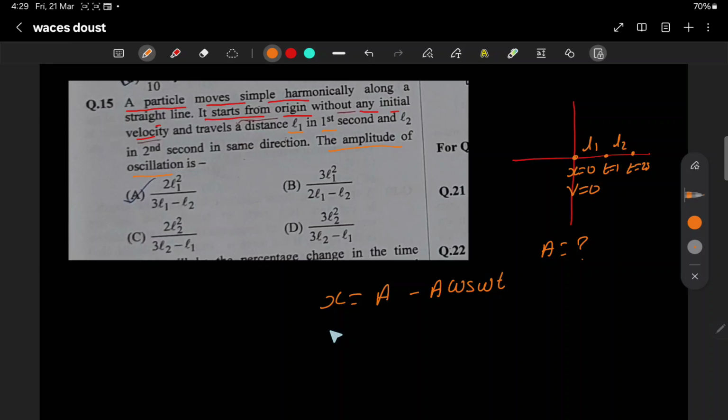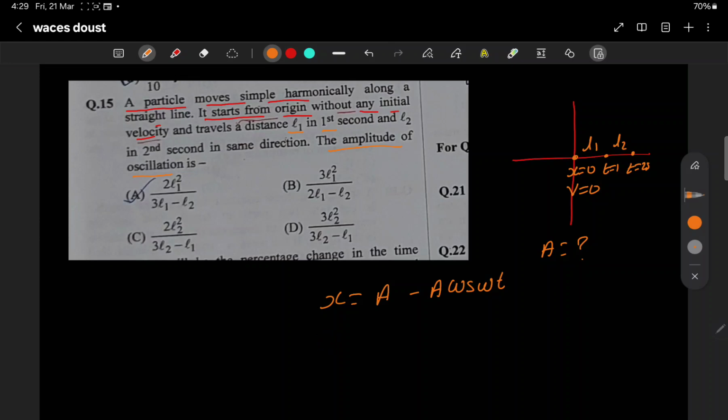We have to differentiate this, correct? So if you differentiate this, dx by dt will be equal to, this is 0, this is minus A omega sin omega t. If you substitute t is equal to 0, your velocity will become 0. So this can be the function for displacement. Okay, using this we can find.